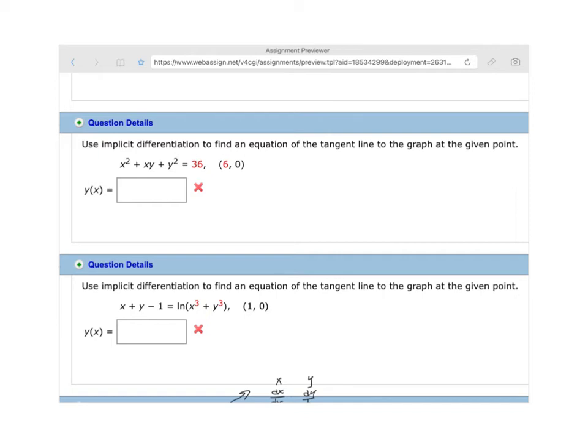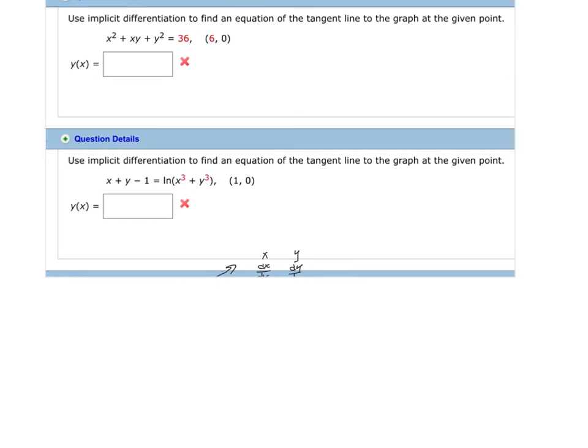Putting the pieces together, I get 3x squared plus 3y squared dy over dx times 1 over x cubed plus y cubed equals x plus dy over dx.